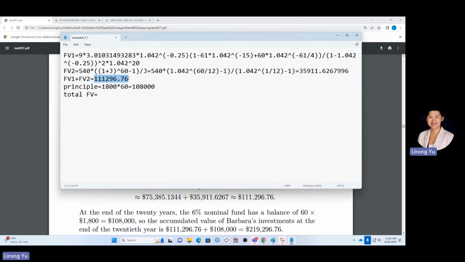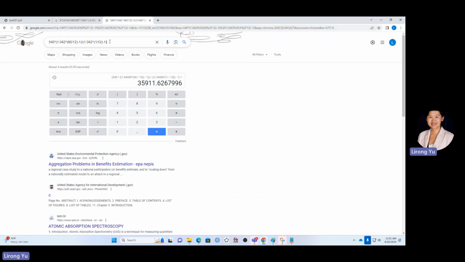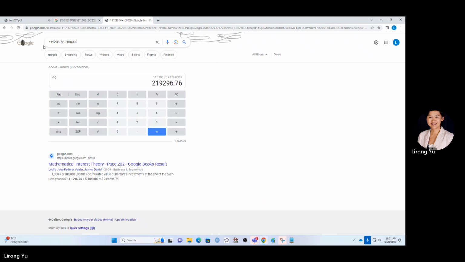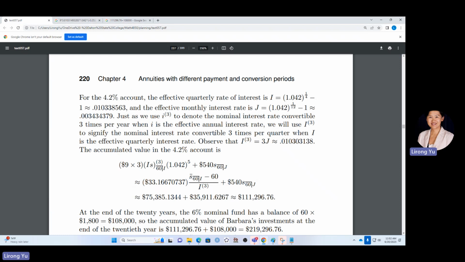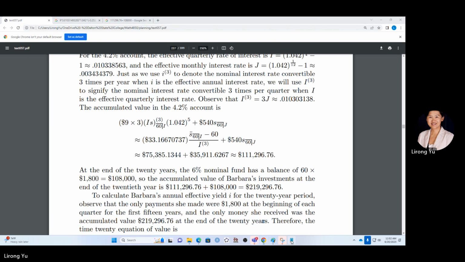So you're going to add this one with this one. All right, and that's giving us the actual answer for the future value, or the accumulated value. All right, and that was example 4.7.1.